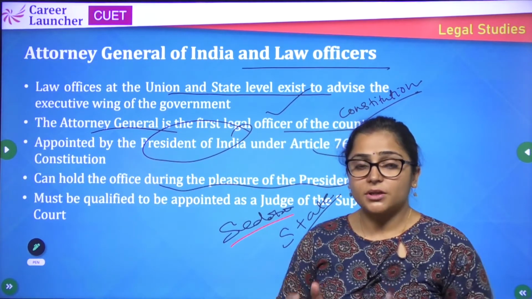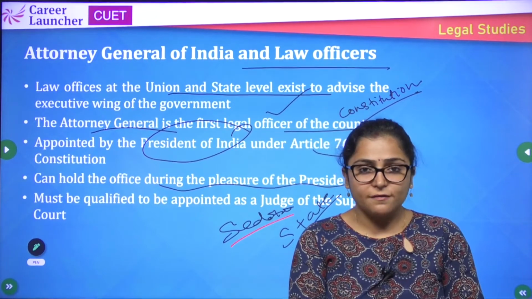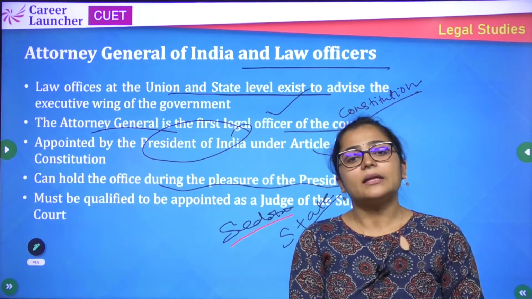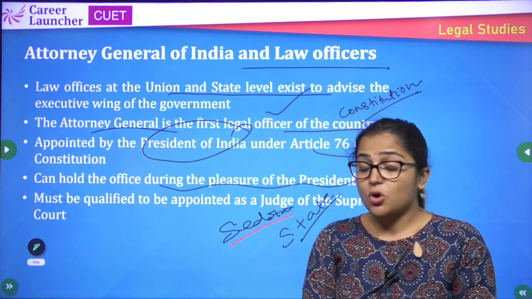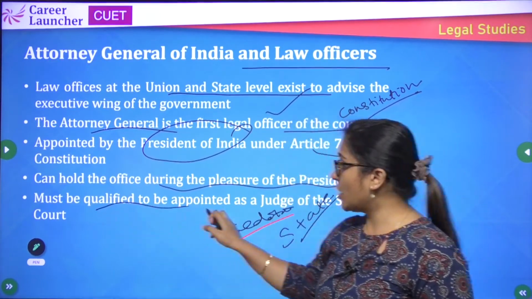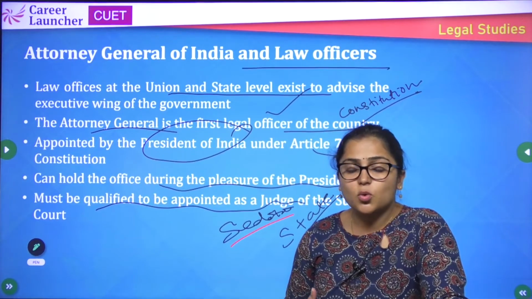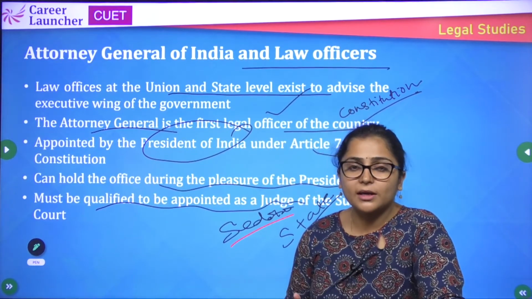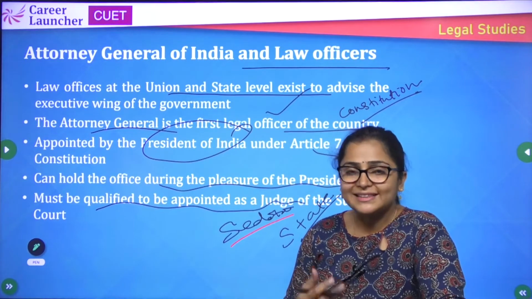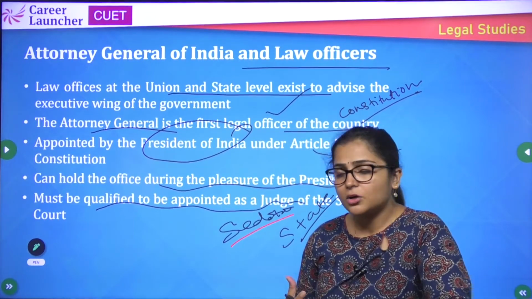There has to be a certain qualification. If a person meets that criterion, only then can that person be appointed as Attorney General. He must be qualified to be appointed as a Judge of the Supreme Court. So if a person is qualified to hold the post of Judge of the Supreme Court, then that person can be made Attorney General.